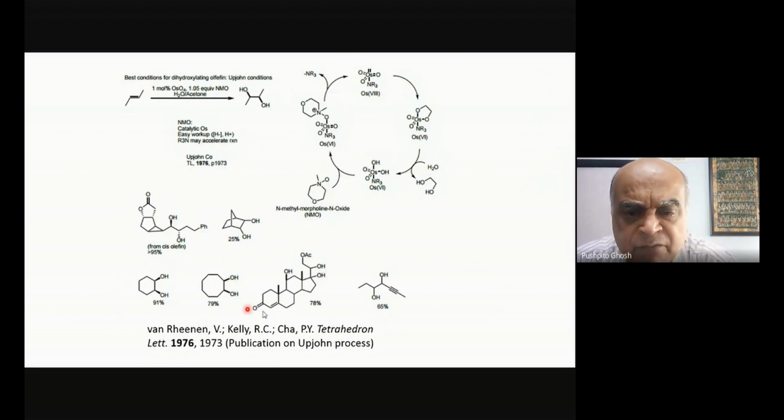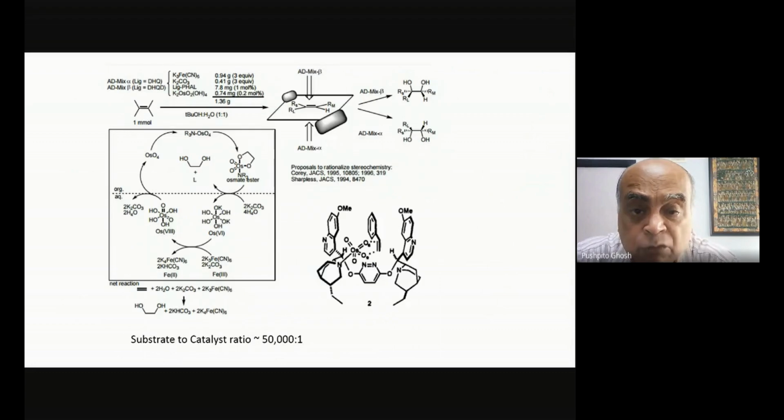And many different compounds were produced. But at that time, as I said, the focus was not on asymmetric synthesis, but just on making simple dihydroxides. Now, what Sharpless did, as I told you, Sharpless was really good at latching on to prior art, the work of others, and then bringing in his own creativity and a sense of purpose.